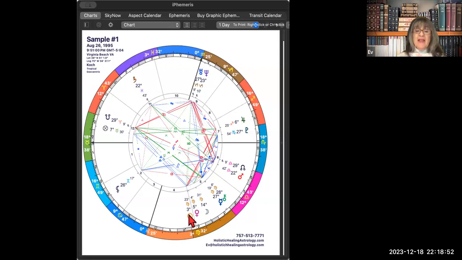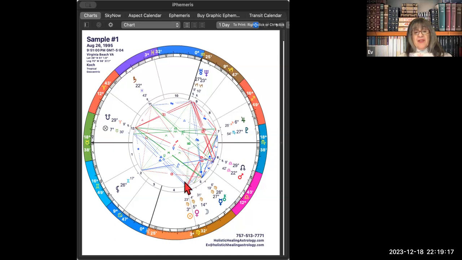So there are 9 contacts or relationships. It's like a big family. So the more aspects you have to a particular planet, the sun is very important. It represents who you are, yourself. So that means there's a lot of activity and action to this particular person's sun.